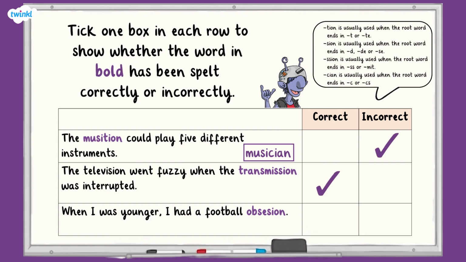As the root word ends in ss, we should use the ssion suffix. In the table, the word is spelled incorrectly with a single s. Therefore, this row should be ticked as incorrect, because obsession is spelled obsession. Well done if you got all 3 of those answers correct.